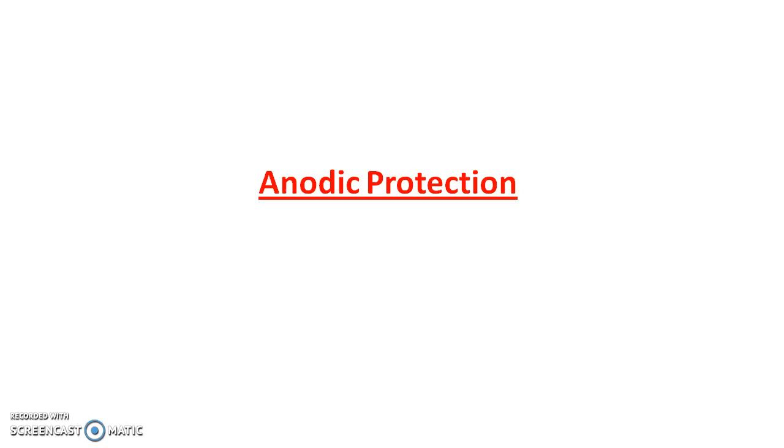In this video session, we are going to study the anodic protection method: the principle, construction, working, application, advantages and limitations of anodic protection, as well as the comparison between cathodic protection and anodic protection. So let's begin with our topic, that is anodic protection.